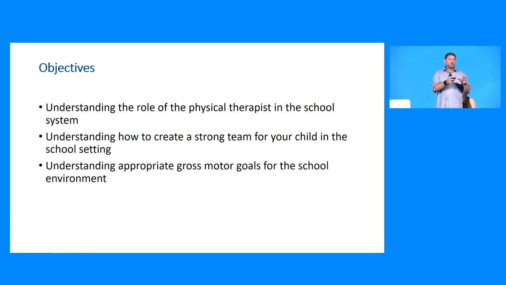Because the primary reason they're there is for academics, and yes, we want to foster growth in all areas, motor skills and academic and speech and all of that. But the primary reason they're there is for learning, and we want to help support that. As Jennifer was saying, we're a related service. Occupational therapy and physical therapy are considered related services.